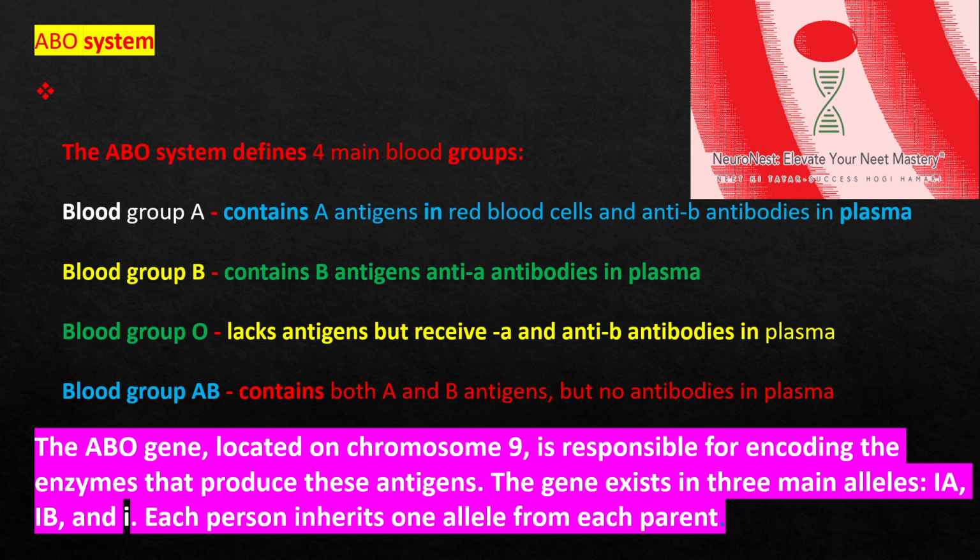Each person inherits one allele from each parent. So you memorize this table, which is very helpful for you to learn the ABO blood grouping and determine the blood groups by a very easy method.